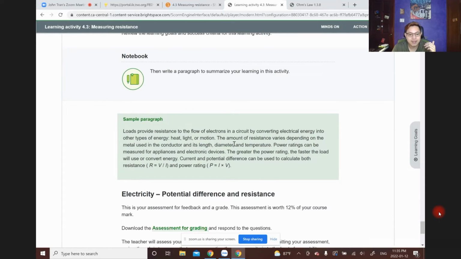And if it's an exercise machine, for example a treadmill, it converts electricity into motion, or a blender in the kitchen, same, motion. So basically, a load is just the thing that uses up the electricity. It converts the electrical energy into either heat, light, or motion.